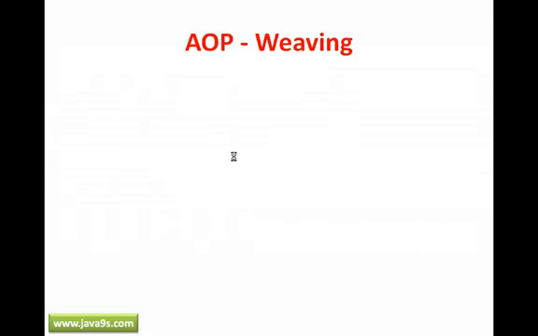Now let us understand the concept of weaving. There are different ways to execute the advice code in AOP. The first way is to inject the byte code of the advice at the join points during the compile time. So this is called compile time weaving.